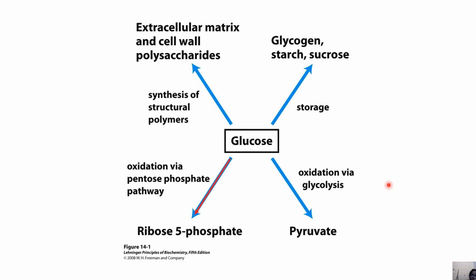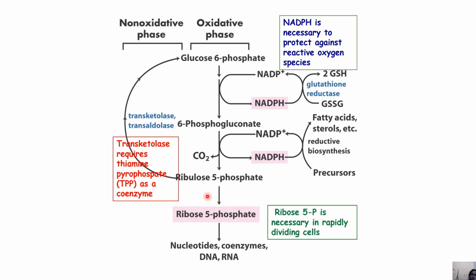So what happens to glucose when it gets oxidized via the pentose phosphate pathway? Glucose 6-phosphate gets converted to 6-phosphogluconate, then to ribulose 5-phosphate and then to ribose 5-phosphate, and so on. Ribose 5-phosphate is necessary in rapidly dividing cells. Transketolase requires thiamine pyrophosphate as a coenzyme.